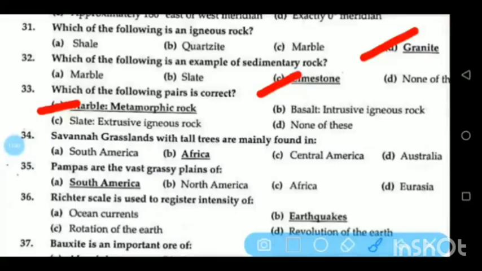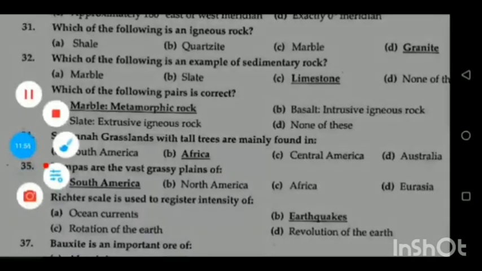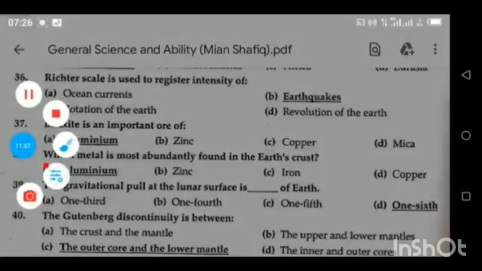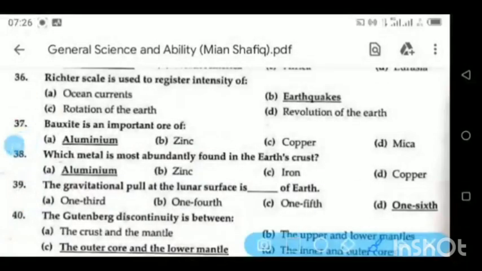Savanna grasslands with tall trees are mainly found in Africa. Pampas are the vast grassy plains of South America. Richter scale is used to register intensity of earthquakes.